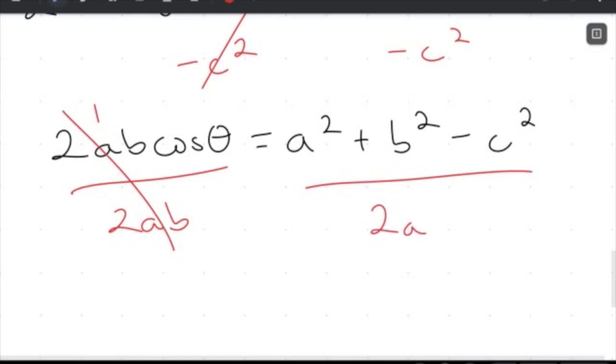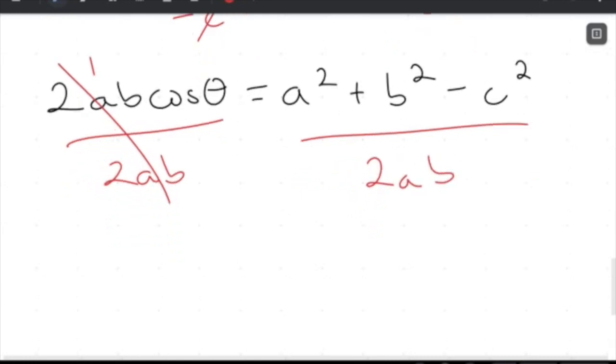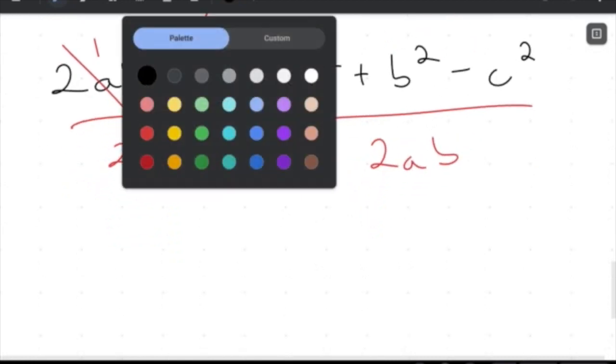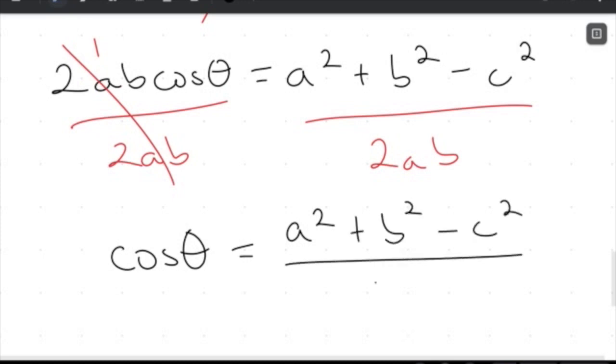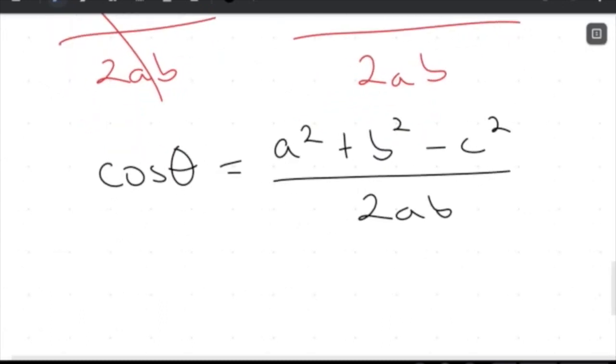And remembering that when we solve equations, what we do on one side, we do to the other, I'm left with cos theta on its own equals a squared plus b squared minus c squared over 2ab.